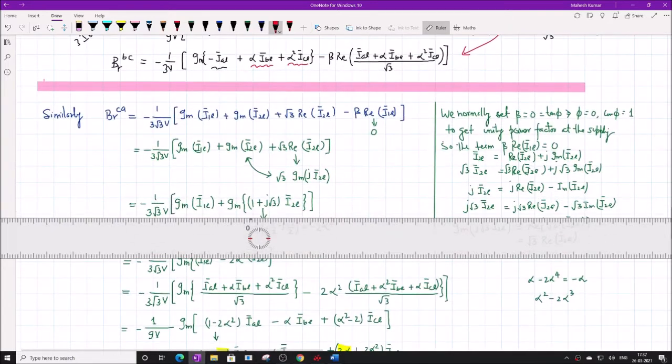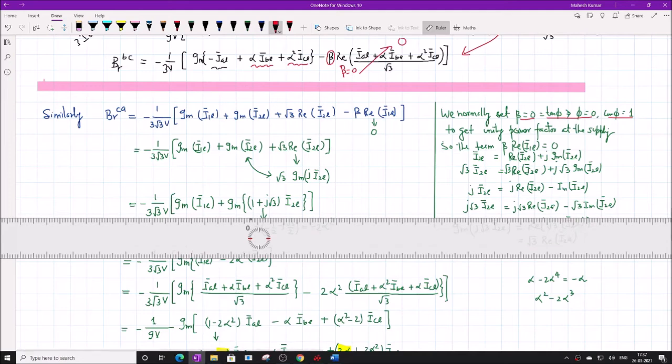Later on we will set that beta equal to 0 because we want unity power factor operation. Because beta 0 means tan phi equal to 0, which means phi equal to 0, which means cos phi is 1. So for unity power factor, we can set beta to 0, and hence this term becomes equal to 0.